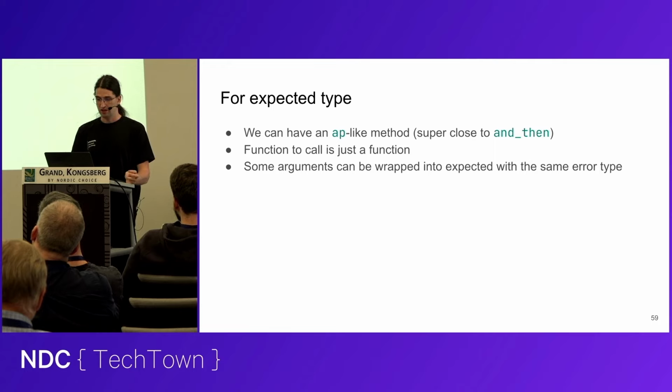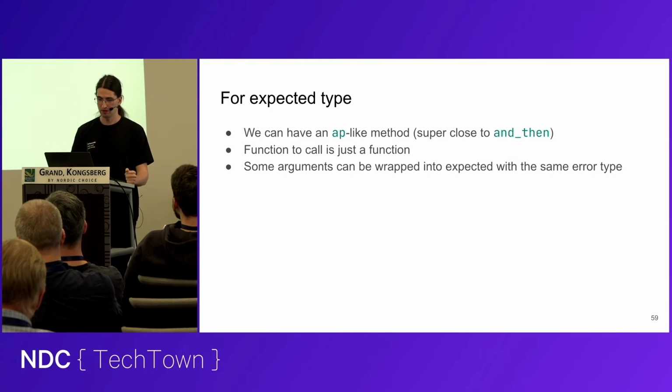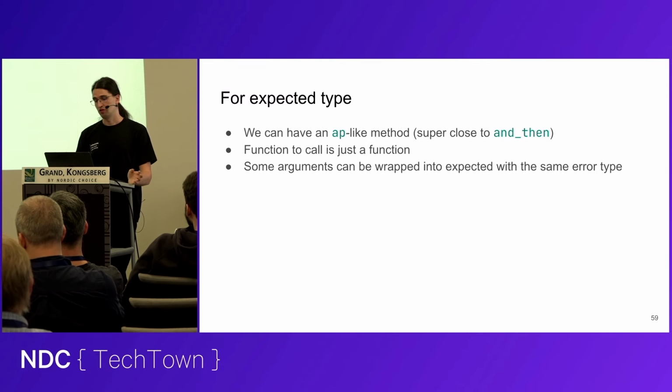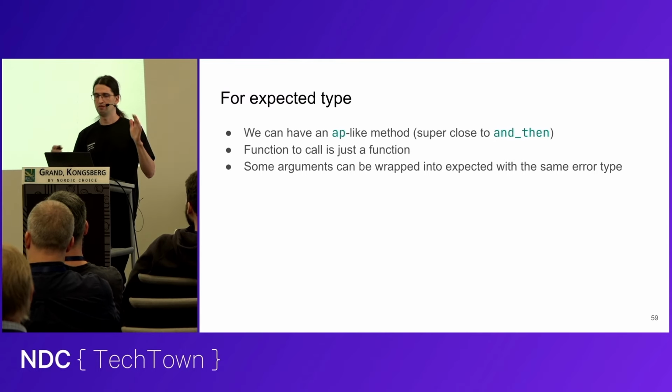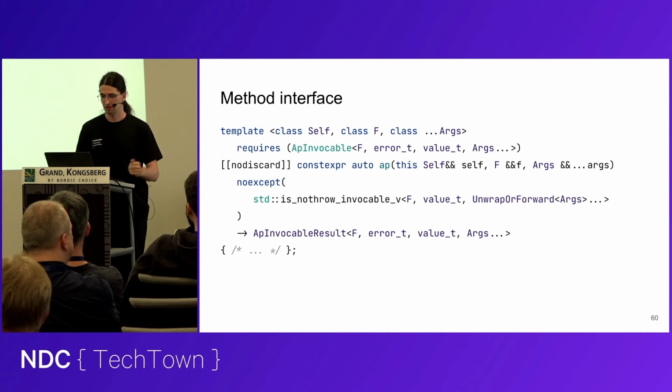We can actually have an up-like method super close to and_then, and those can be combined potentially. The function can be just a function call, and arguments can be mixed. So either wrapped and expected, but obviously the same expected, right? And they could be regular values as well. We can have this method interface, super simple, super close.